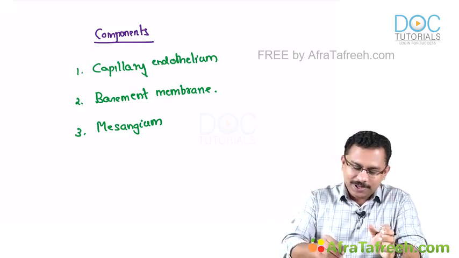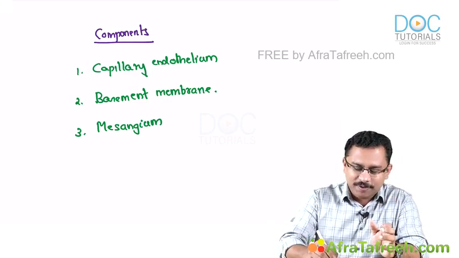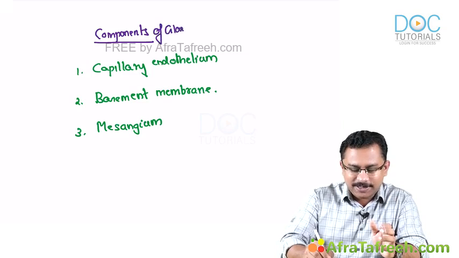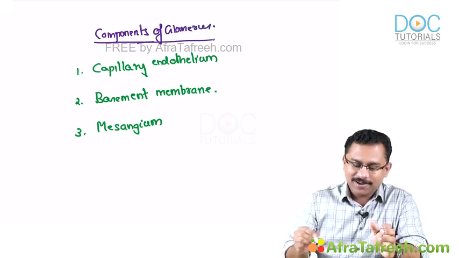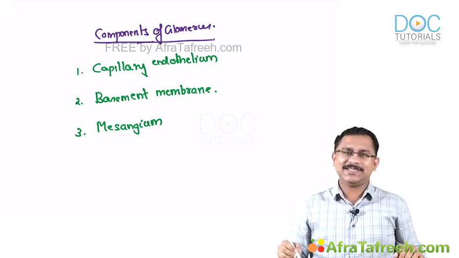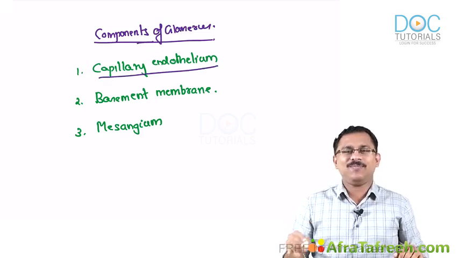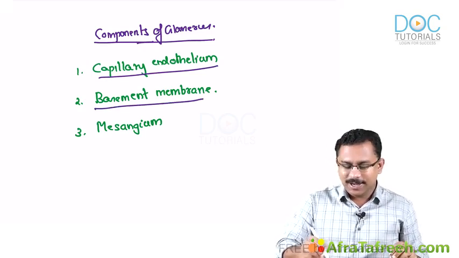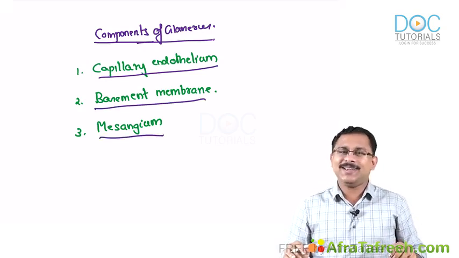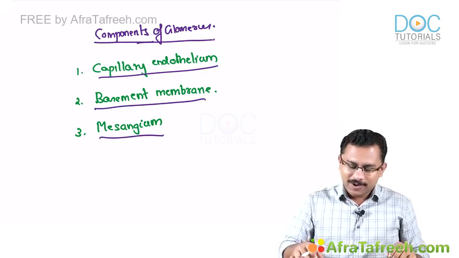So I am talking of the components of the glomerulus. It consists of capillary endothelium, basement membrane, and mesangium. So capillary endothelium, we have already learned, consists of fenestrations, and then you have basement membrane, and then you have the mesangium.